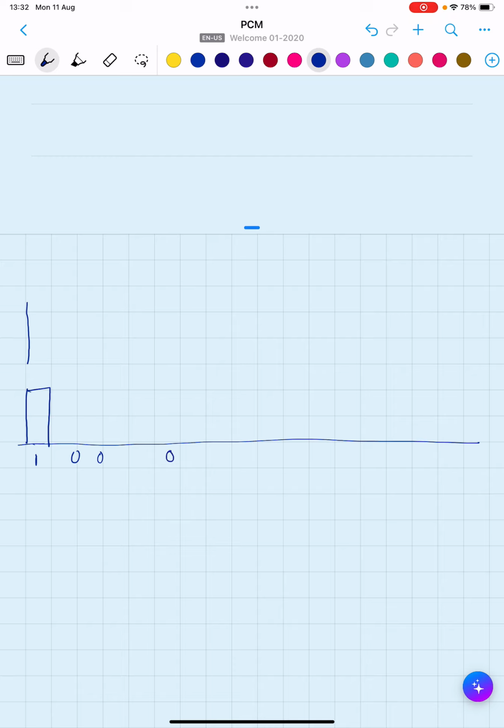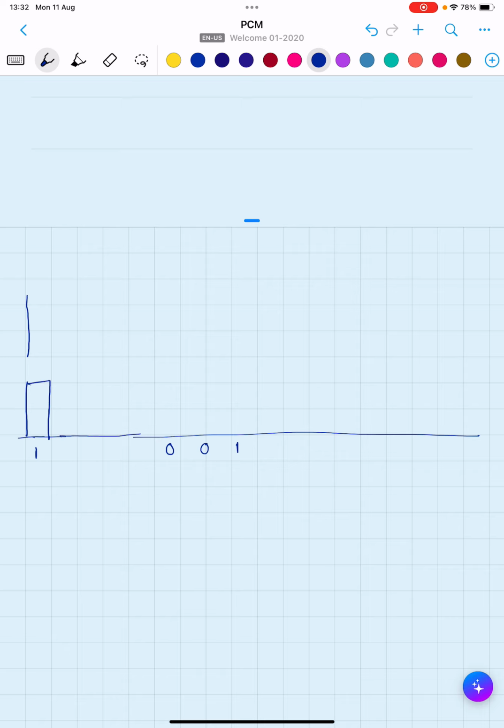In a similar way, if I have to write 1, then let's say 0 here, and 1 will be here. Then the third one is 1, then 1, and 0 is here. So if I have to plot their waveforms, this is your A, this is your B, and this is your C.